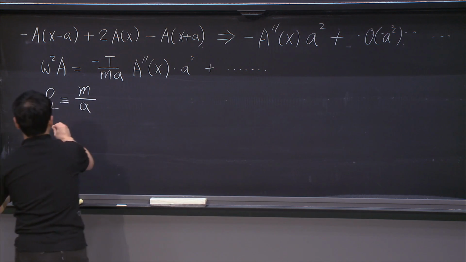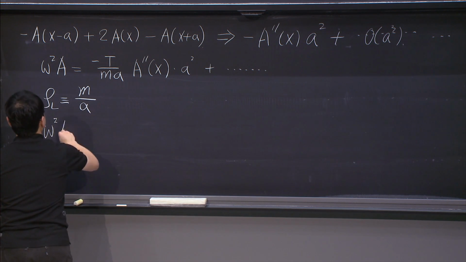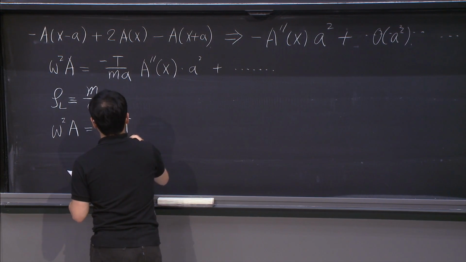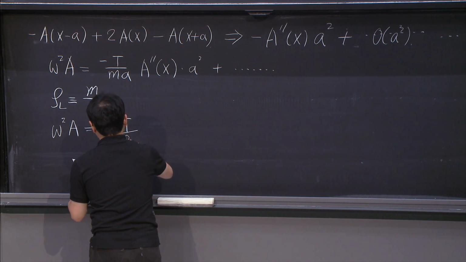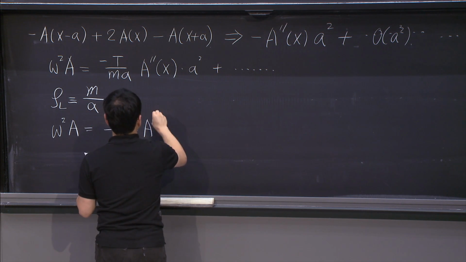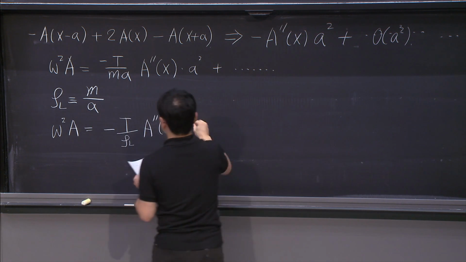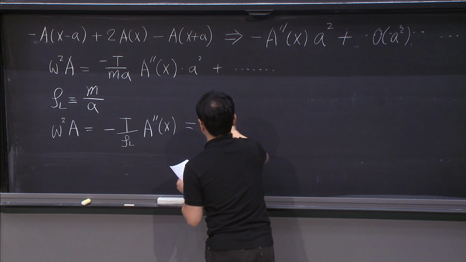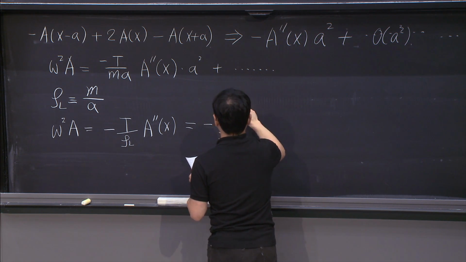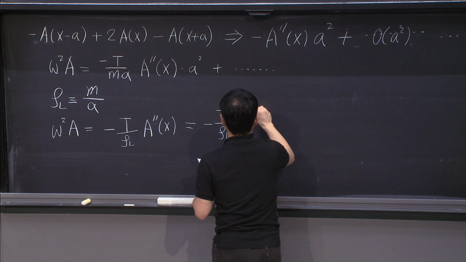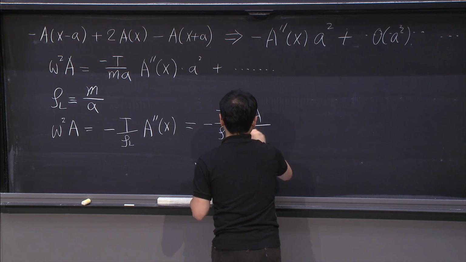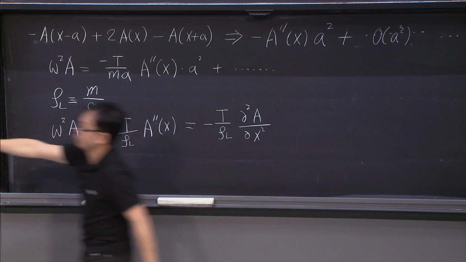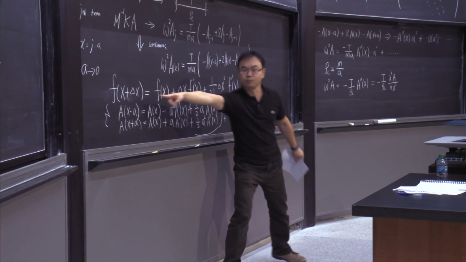So what I'm going to get is omega squared a will be equal to minus t over rho L a double prime x. To write it explicitly, this is equal to minus t over rho L partial squared a partial x squared, because each prime is a differentiation with respect to x.